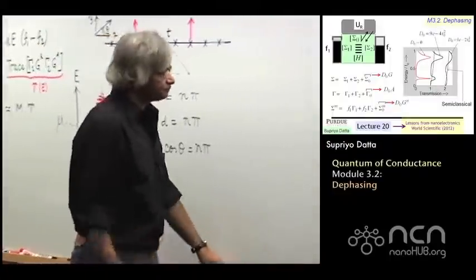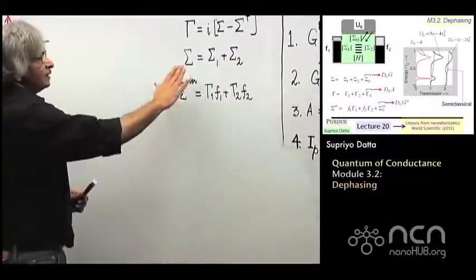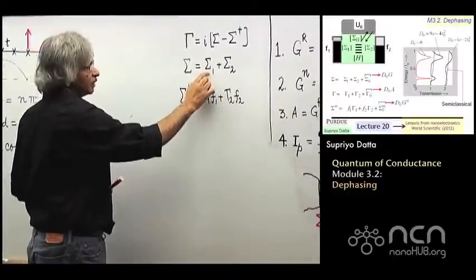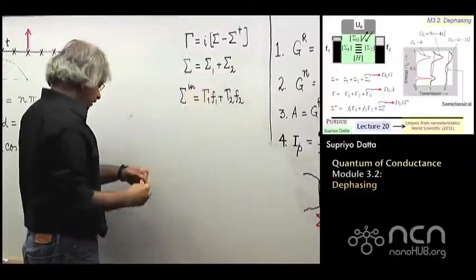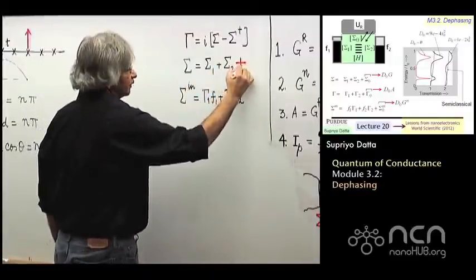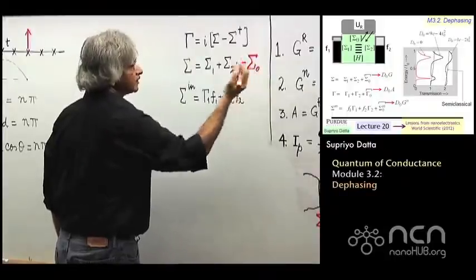and that is that, you see, the sigma here, if you notice, has one component due to the contact 1, another due to contact 2. And what we do is, we add a third component, sigma 0. Let's see.